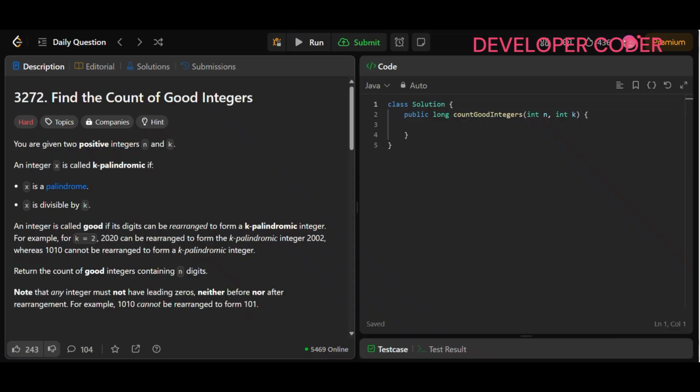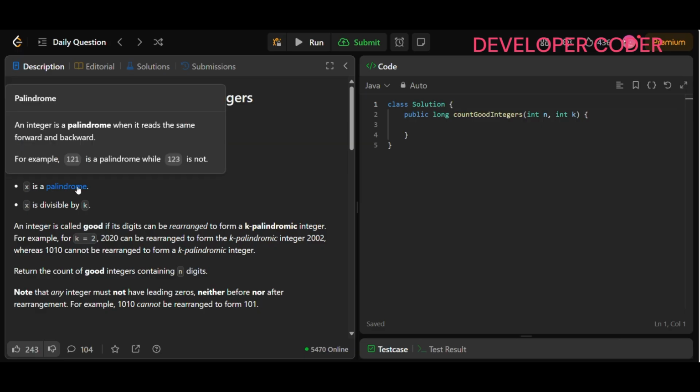So what is a palindrome? An integer is a palindrome when it reads the same forward and backward. For example, 121 is a palindrome while 123 is not. In case of 121, if you read from left to right, it is 121, and if you read from right to left, it is still 121. But in case of 123, left to right it is 123, but right to left it is 321.